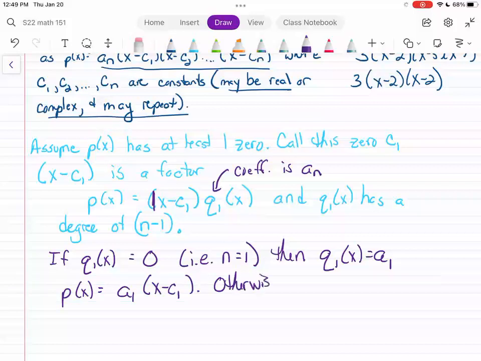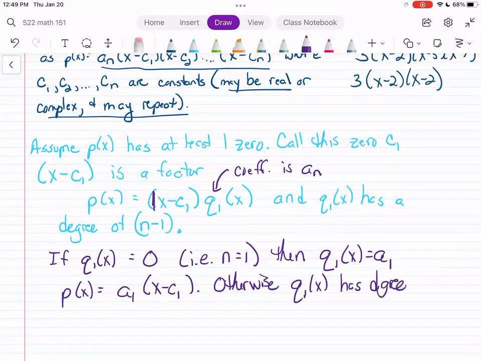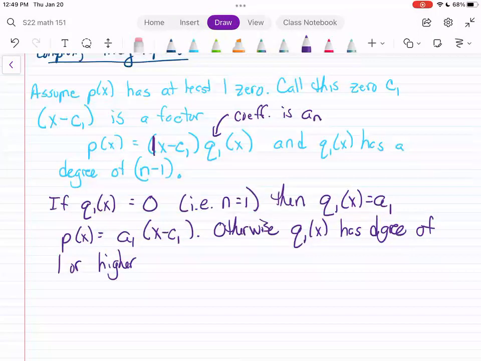Otherwise, then we can conclude that q sub 1 of x has degree of 1 or higher, and by the fundamental theorem of algebra, it has a 0, which we will call c sub 2.